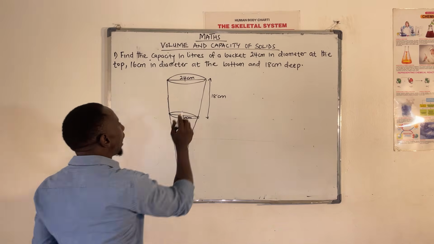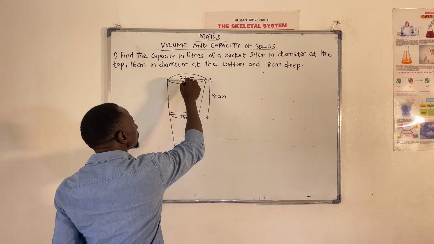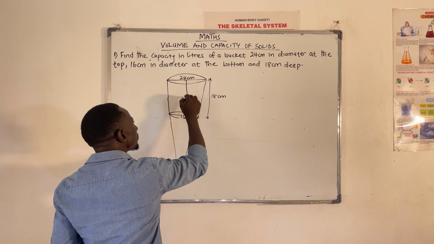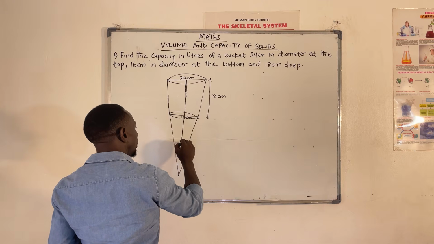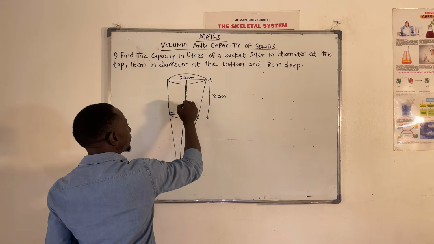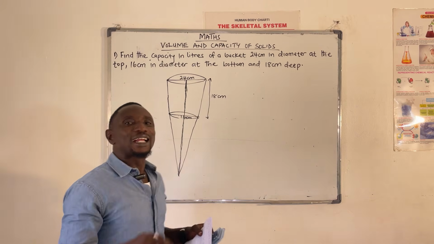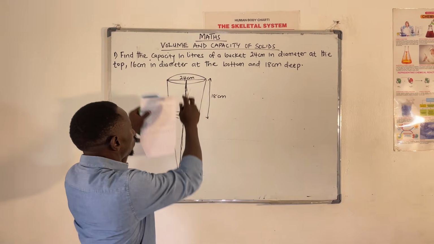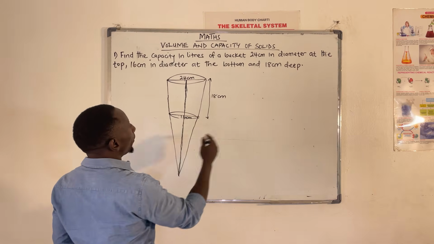Now, from this point, if you draw a line straight like this, this line becomes the vertical height of the cone.